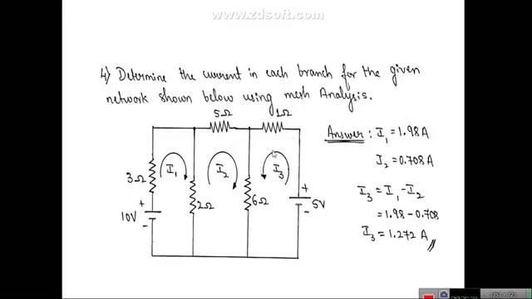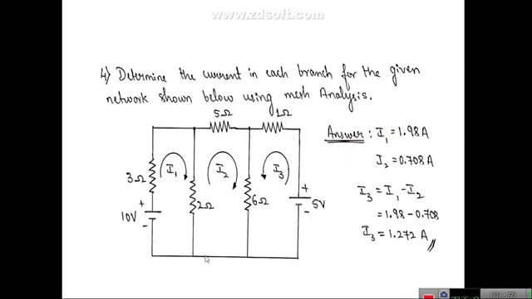How many junction points are here? This is one, because at this point these three elements are connected. Similarly, these three elements are connected here, and this is one.